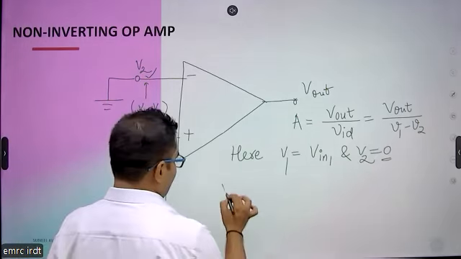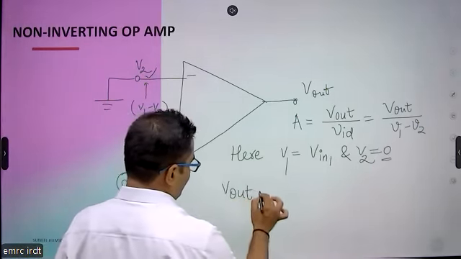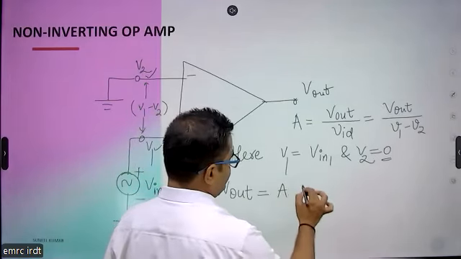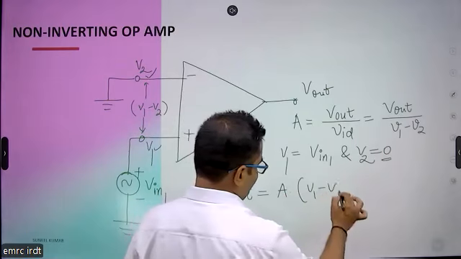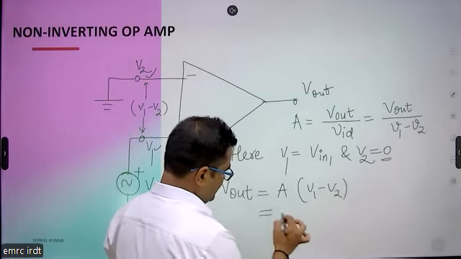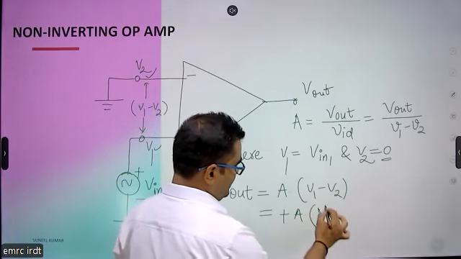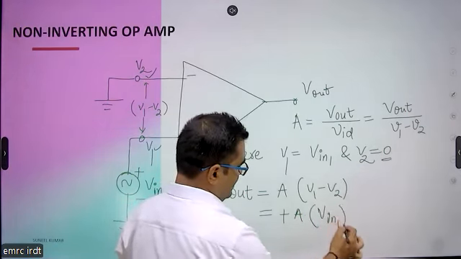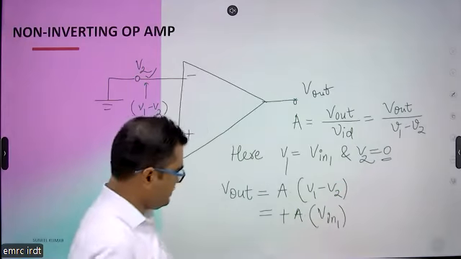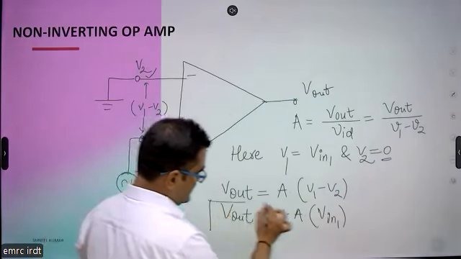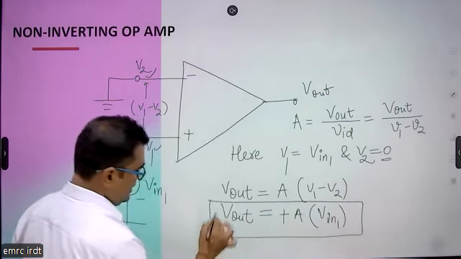So V output is equal to A times V1 minus V2, which is plus A times V input 1 minus 0, so V output is plus A times V input 1.